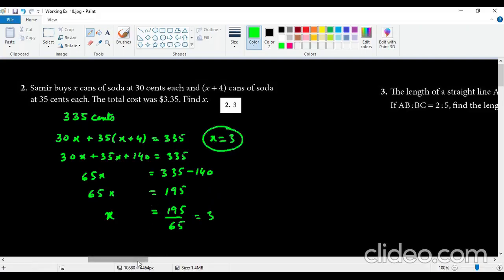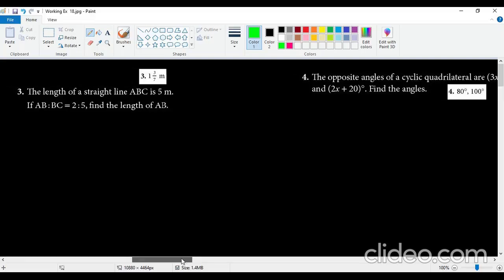Moving on to question number 3. This can be tricky, but using what we have learned in ratio and proportion, first of all, write down the ratio, which is 2 is to 5. The second step is to write the sum of ratios, which is 7.